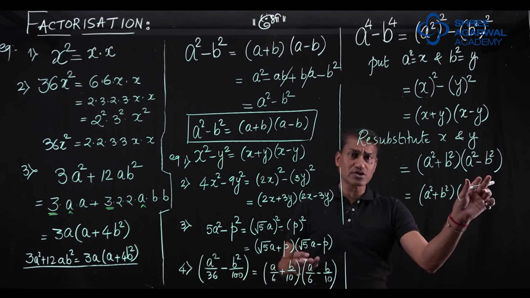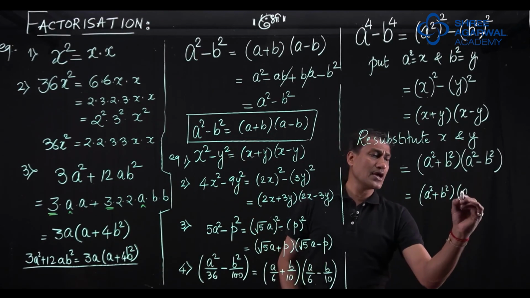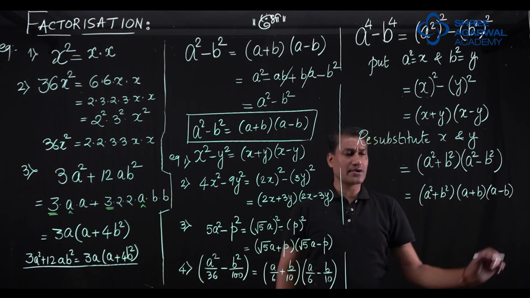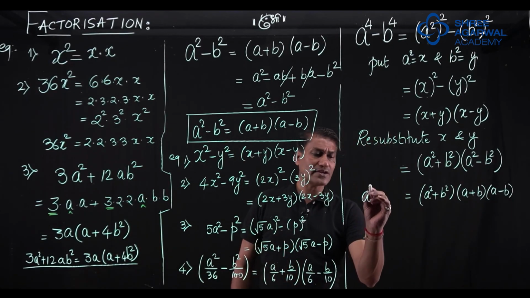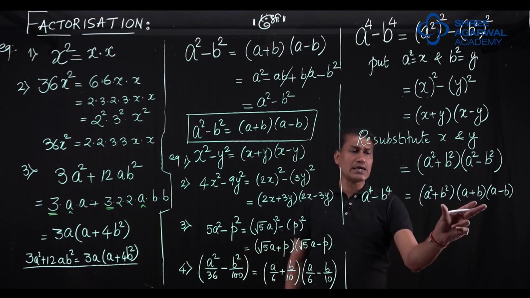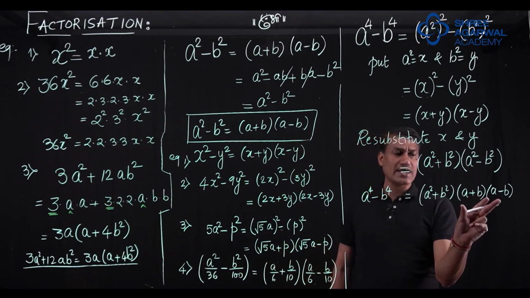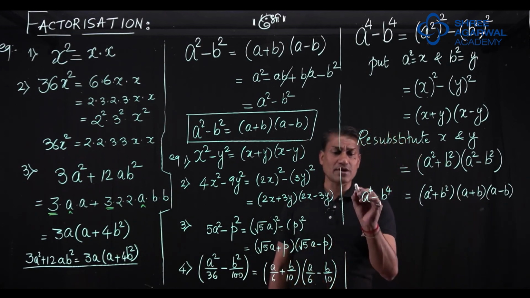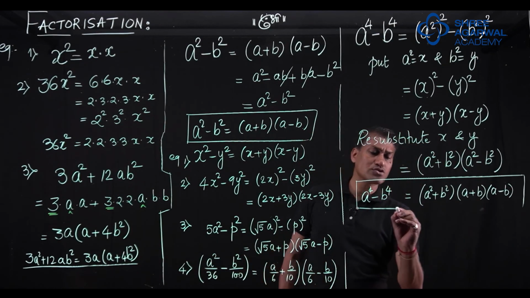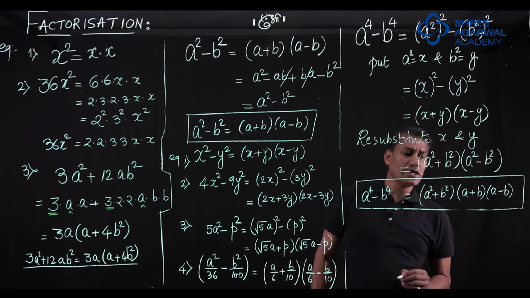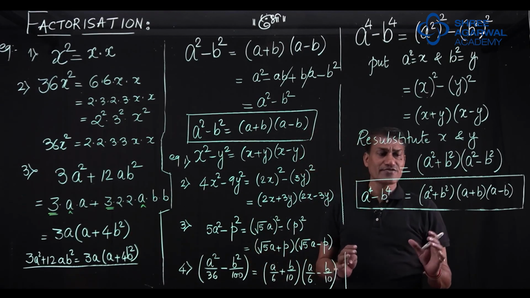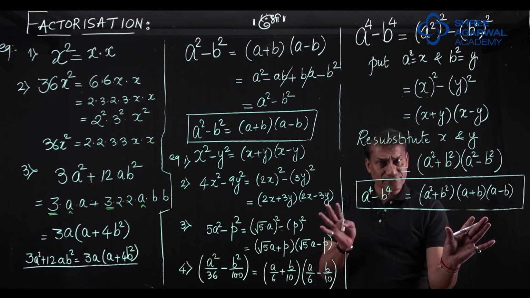Factorization of this, we know, this is a standard factorization. A plus b into a minus b. So finally, the factors of a raised to 4 minus b raised to 4 are a square plus b square, a plus b, a minus b. Of course, factors of a square plus b square can also be done, but in this level, factorizing till this is enough for us.